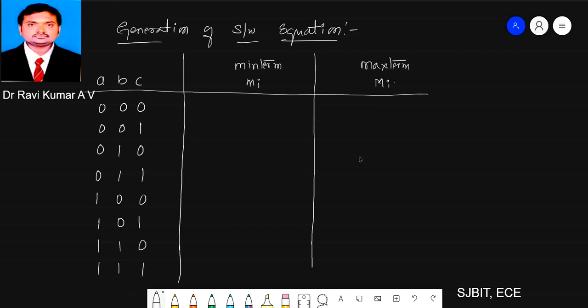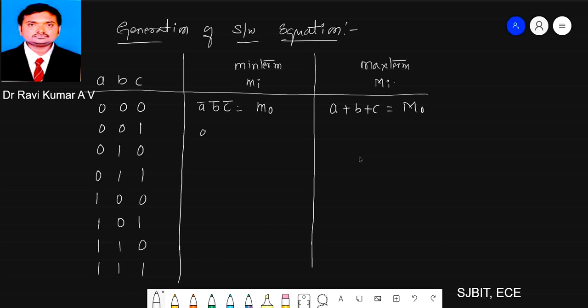We'll write the expression for each as a minterm, considering the variable as logic 1. So this is all zeros, so this is A bar, B bar, C bar. We call it m0. Similarly, the maxterm we consider as logic 0 here, A plus B plus C. We call it M0.